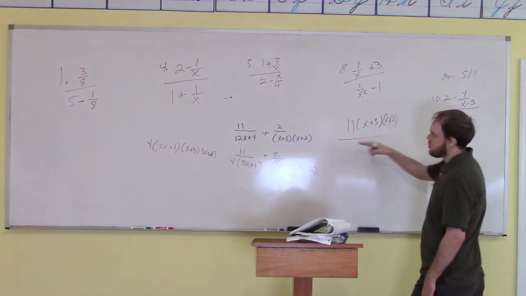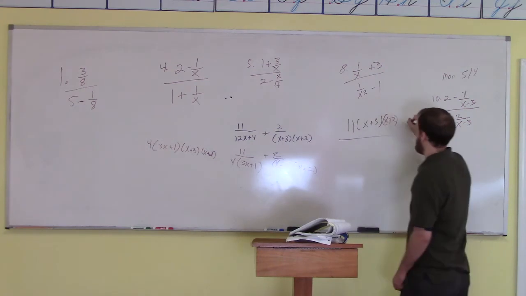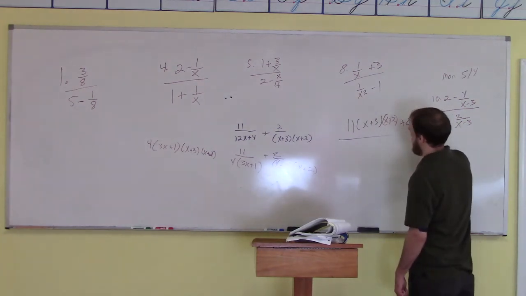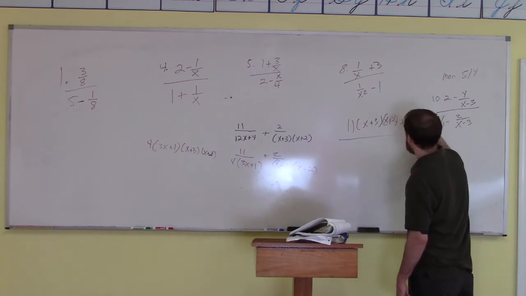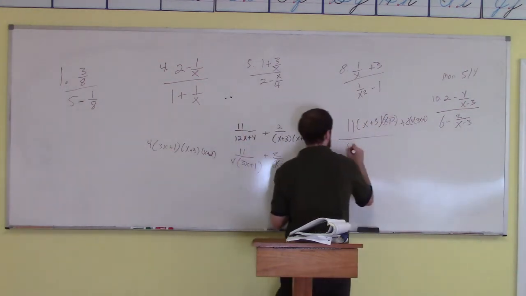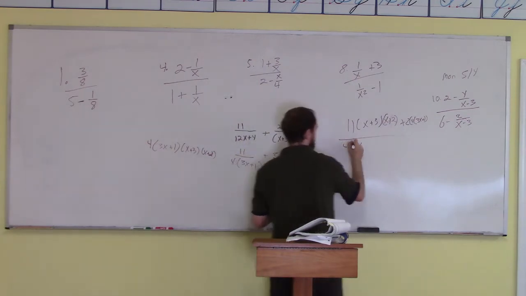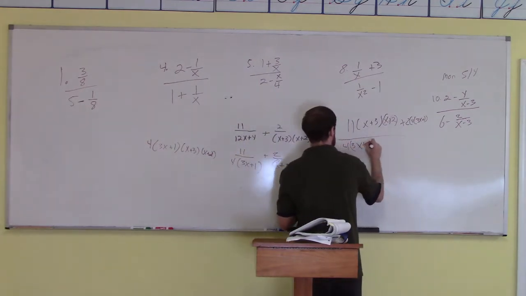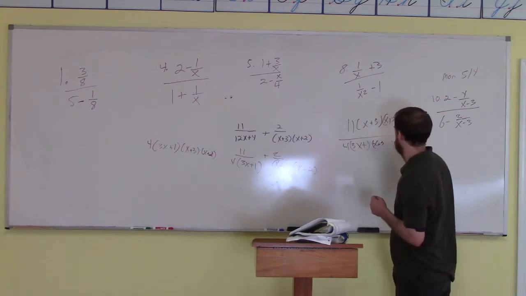And this one doesn't have the 4 times (3x plus 1), so I'm going to multiply 2 times 4(3x plus 1), and it's all over 4(3x plus 1)(x plus 3)(x plus 2).